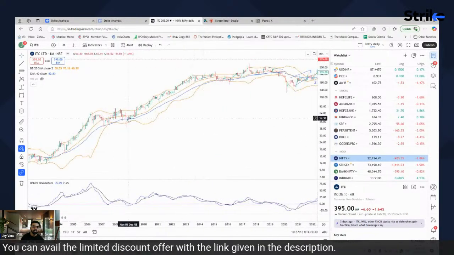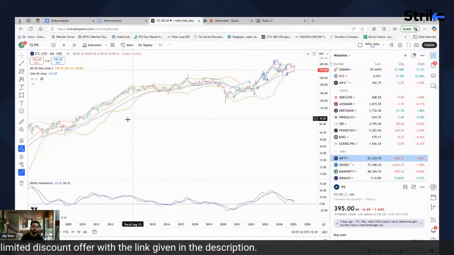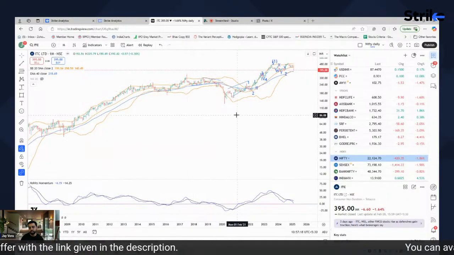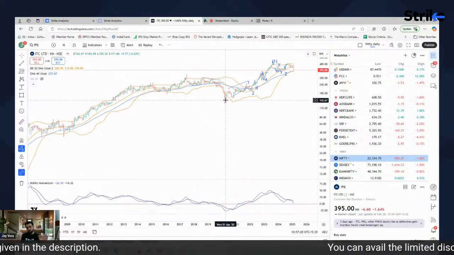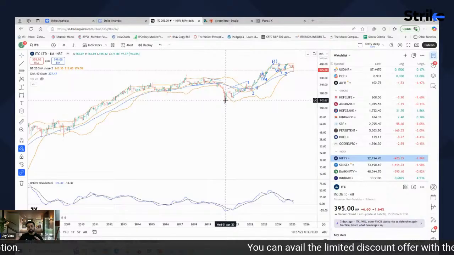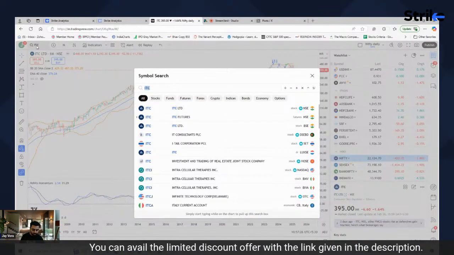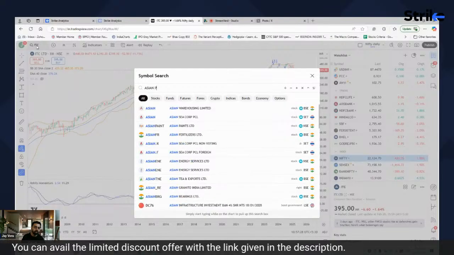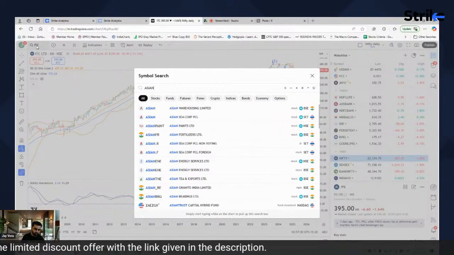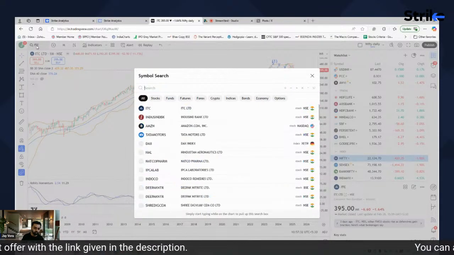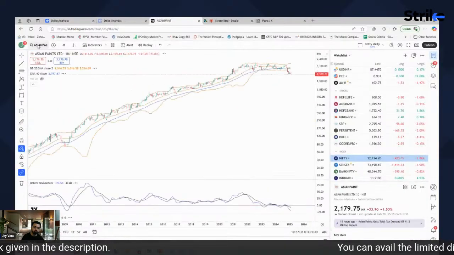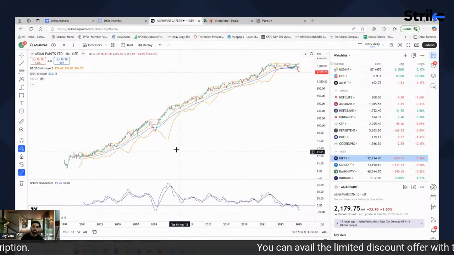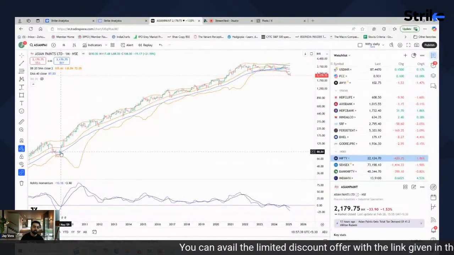ITC was one of them. It used to hold the 40-month average for a very, very long time, and then when it broke down, when the 40 month average broke, you have to understand that a very big trend is breaking on the downside, and you need to be careful. I don't want to scare anyone, but this is what Asian Paints was.